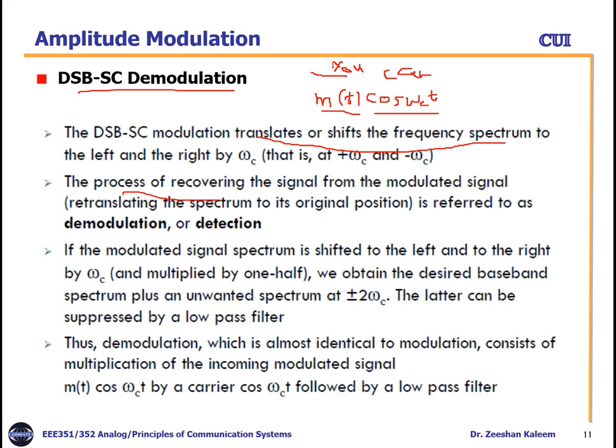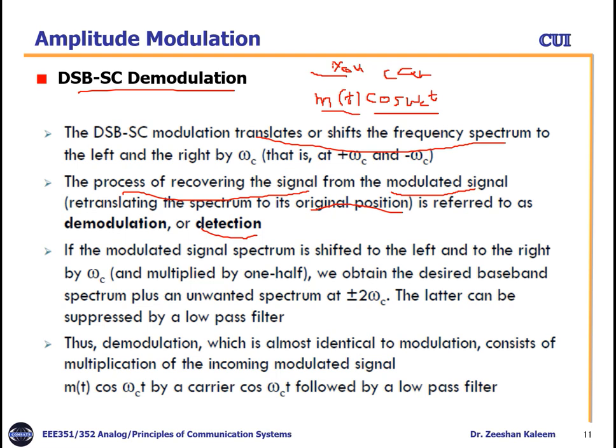Now the process of recovering the message signal from the modulated signal, the combined signal m(t) cos omega_c t, by retranslating the spectrum to its original position, means we transmitted it to a higher frequency, and we want to get back this message signal which lies in the lower frequency band. It is referred to as demodulation or detection. It has two names, demodulation or detection.